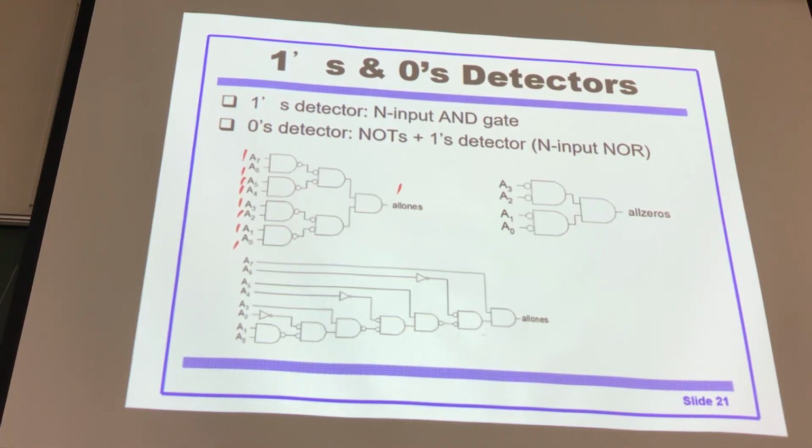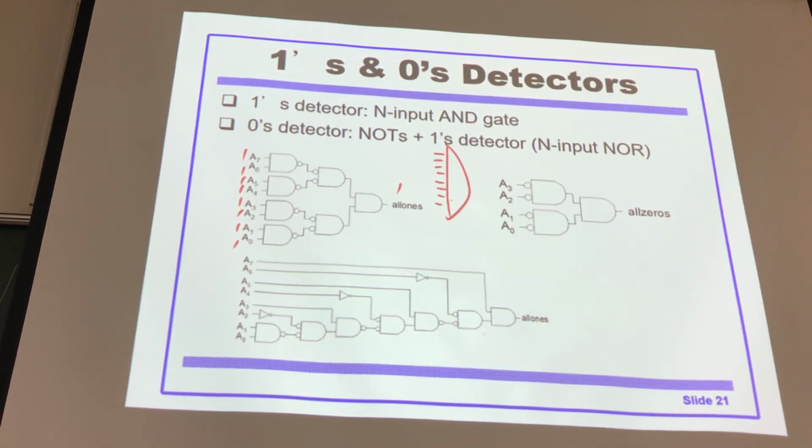So actually, it's just a large AND gate with many inputs. But as I mentioned before, don't design a gate with so many inputs. It's going to be very, very, very slow. You should try to decompose into several stages. So here, there are 3 stages.